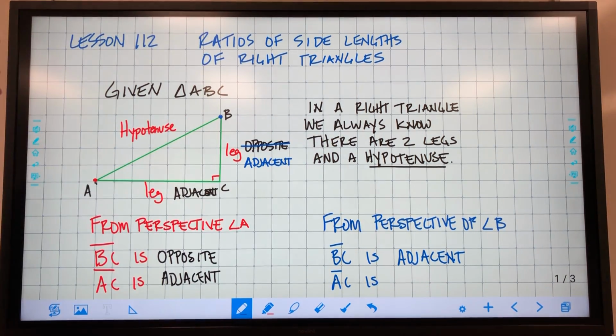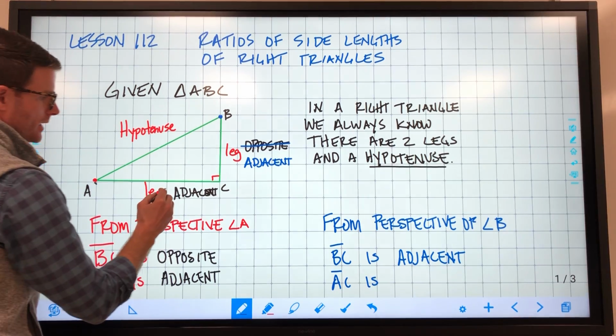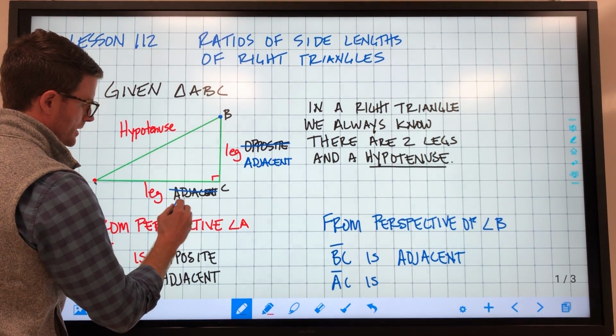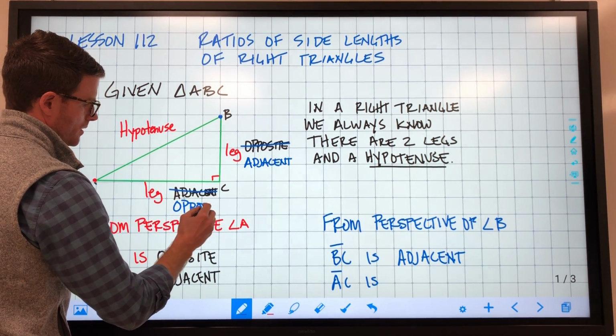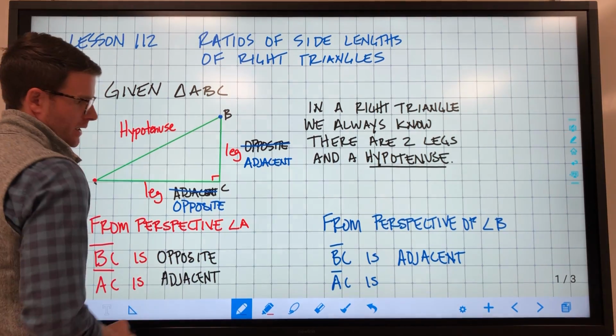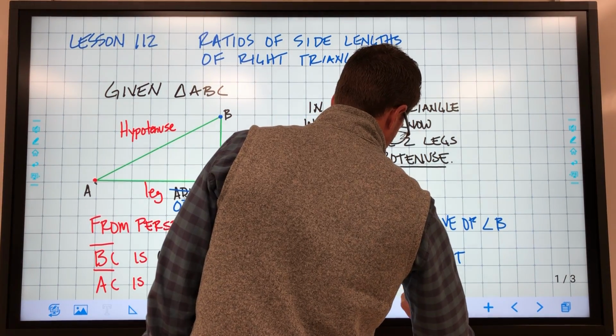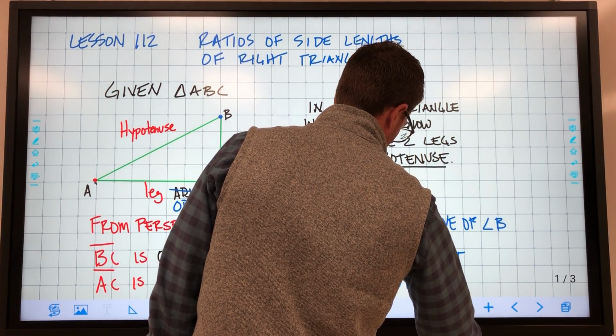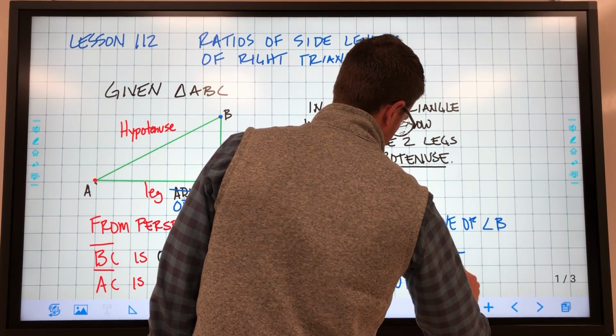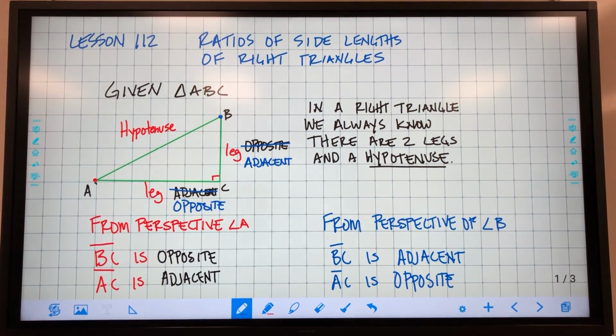And then AC isn't adjacent, it's opposite. So AC is opposite here. The hypotenuse is still the hypotenuse. That does not change. So this is all dependent on your perspective, so it can change. Okay, so let's do a couple of examples.